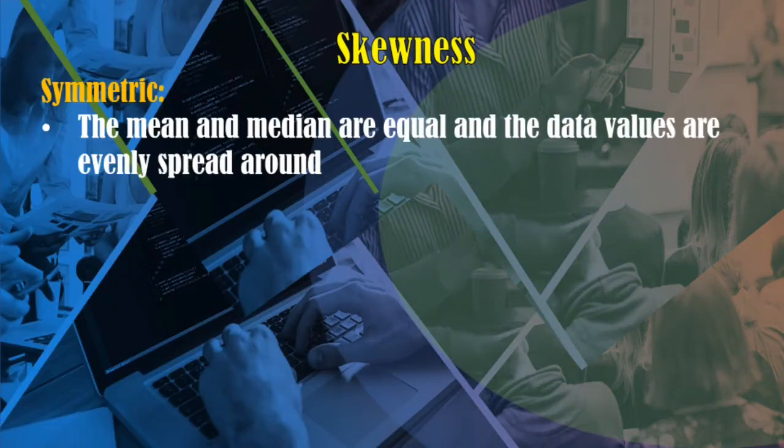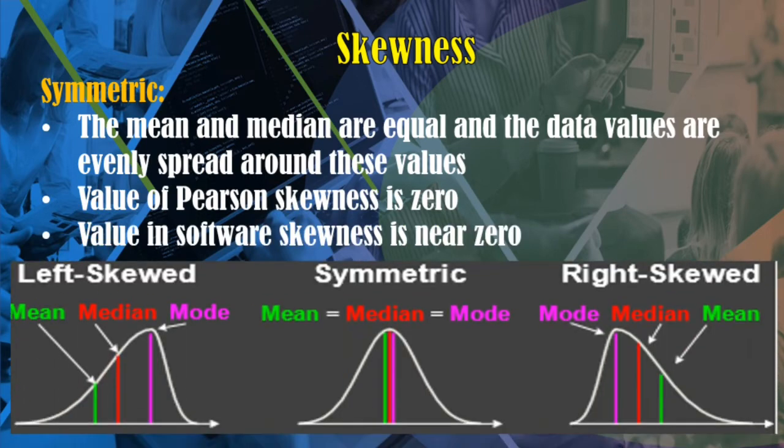We have symmetric skewness if the mean and median are equal and the data values are evenly spread around these values. The value of Pearson skewness is 0 and the value in software skewness is near 0. Symmetric skewness is true if it looks the same to the left and right of the center point.